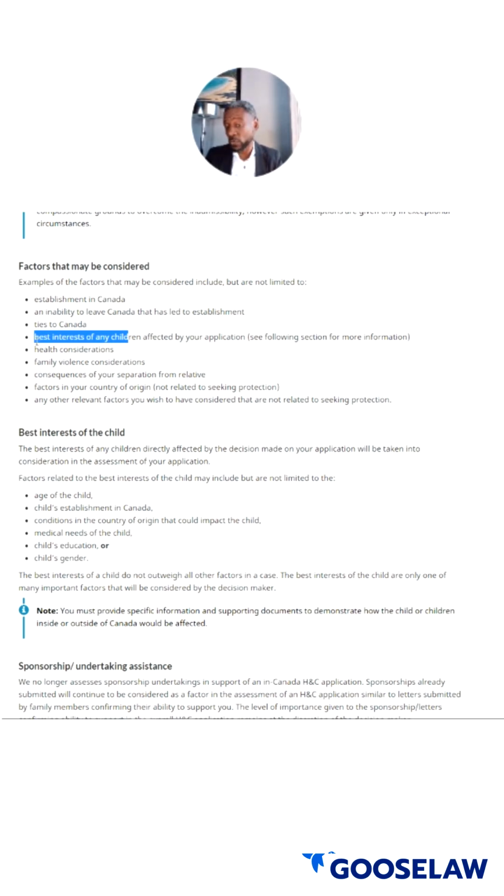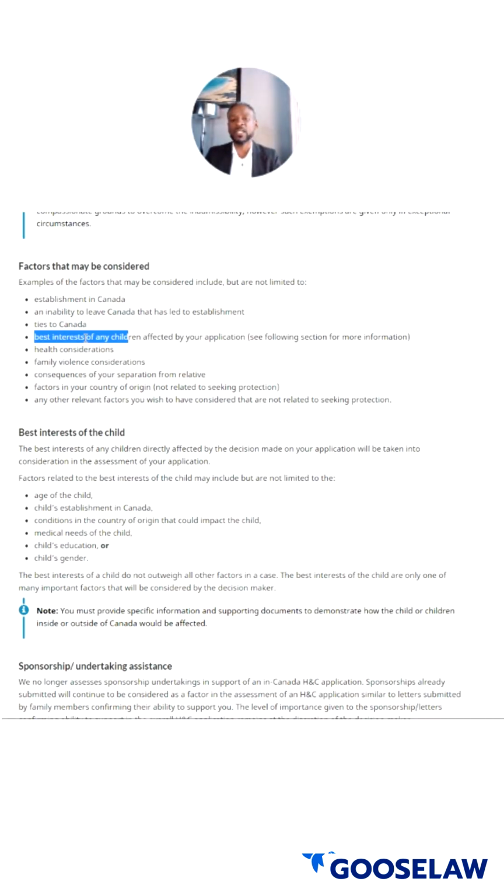This is particularly useful where there are Canadian-born children in the case, but it also applies in situations where the child might not have been Canadian-born. You want to explain how it would not be in the best interest of the child to be removed from Canada and returned to his or her home country.